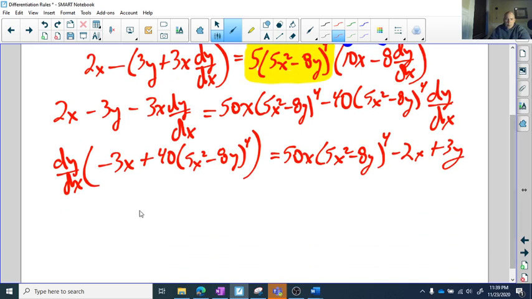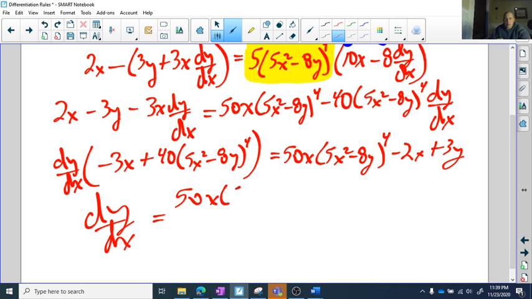And ultimately we will get dy dx is equal to this, 50x, 5x squared minus 8y to the 4th, take away 2x plus 3y.